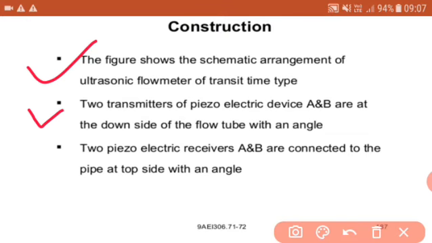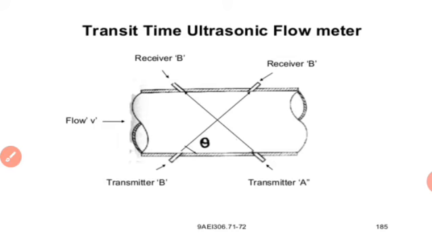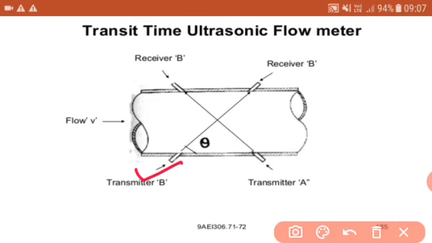Two piezoelectric transmitters A and B are at the bottom side of the flow tube at an angle. You can see the angle here, so they are placed at some angle.